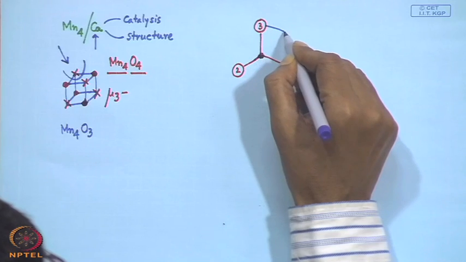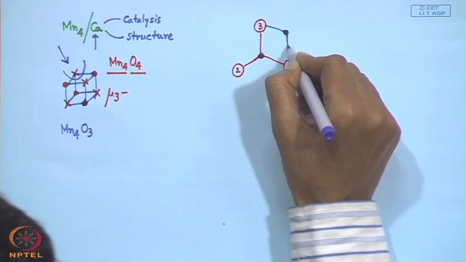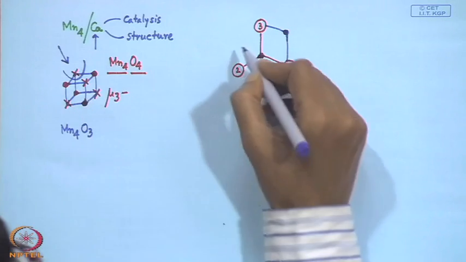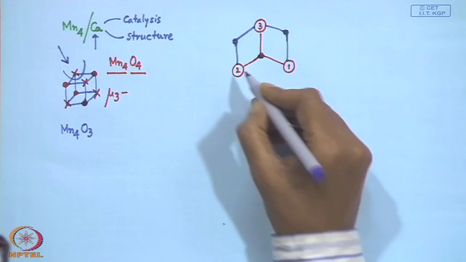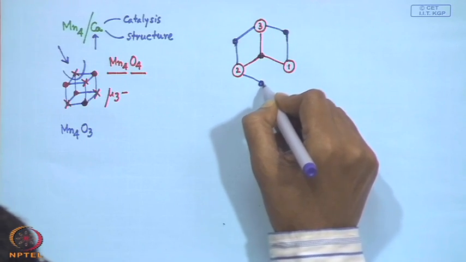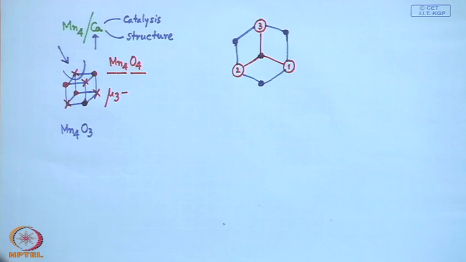Then you have another oxygen, on this side. You should be able to draw it very nicely within a hexagonal arrangement.